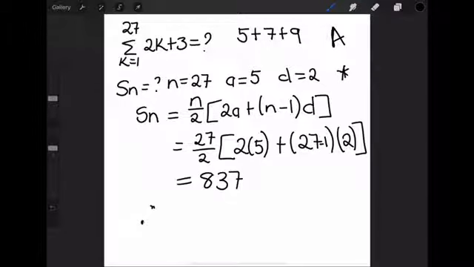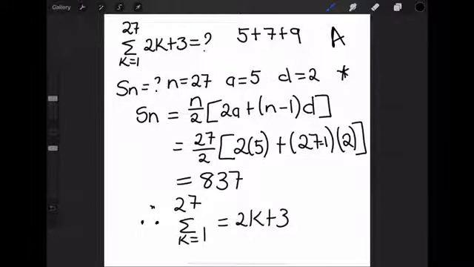Therefore, we have solved the sigma: the sum from k equals 1 to 27 of 2k plus 3 is equal to 837. Sorry, there shouldn't be an equal sign over here. And that is your answer.